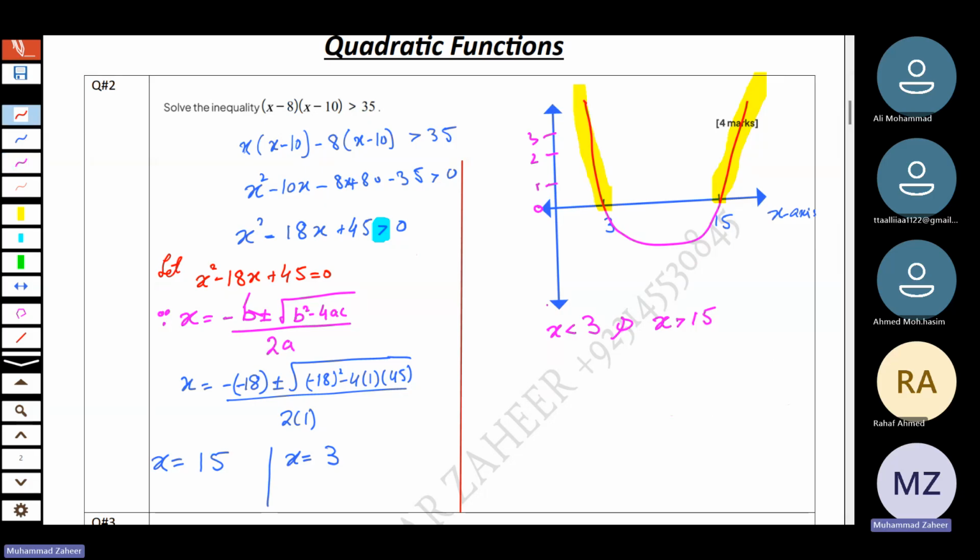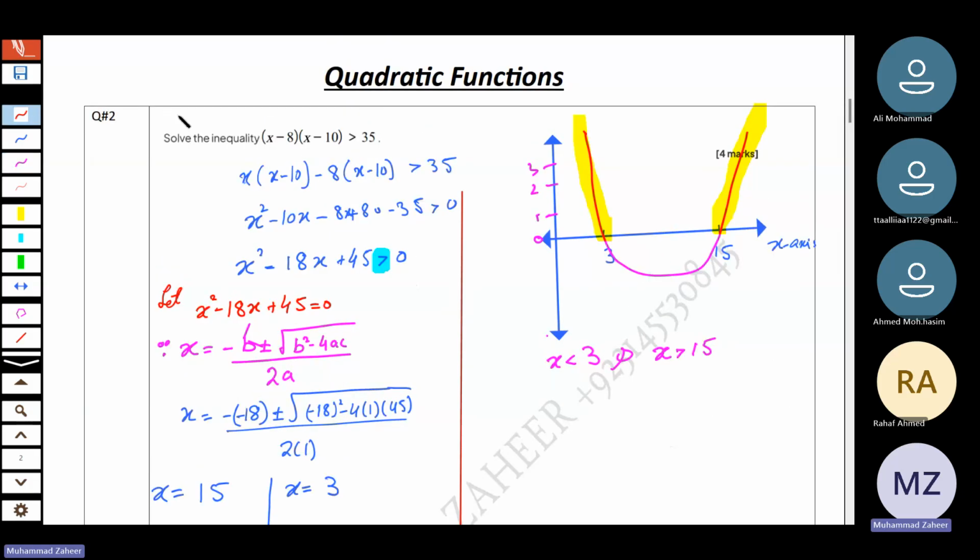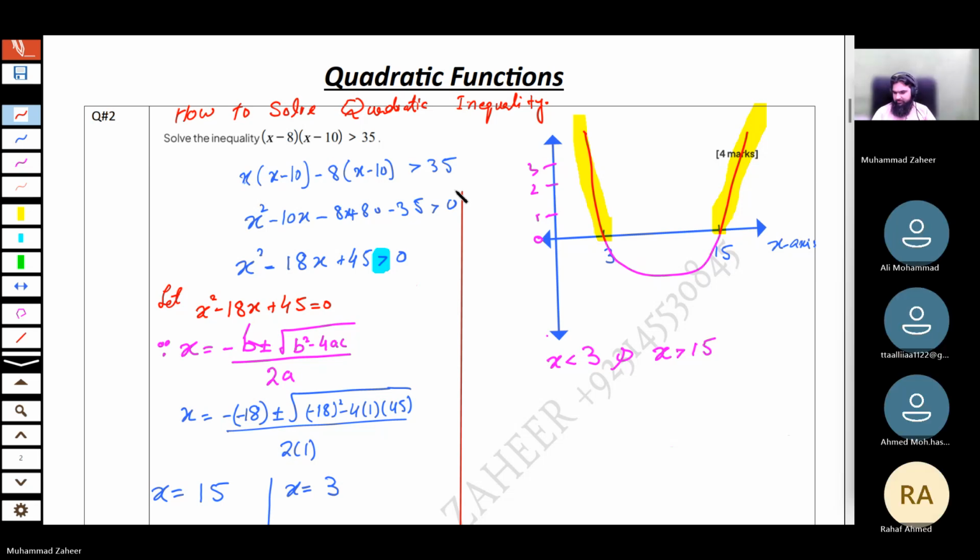This is what we are going to learn: how to solve a quadratic inequality. This is your main thing.